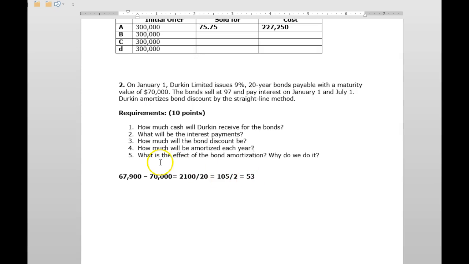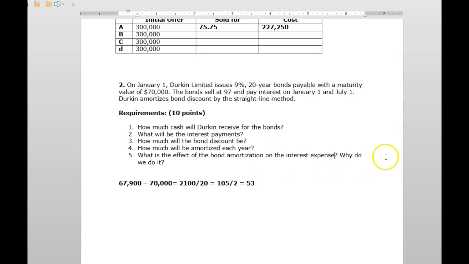And what is the effect of the bond discount amortization on the entire bond, or on the interest? Let's say, what is the effect of the bond amortization on the interest expense? Let's get a little more explicit there.